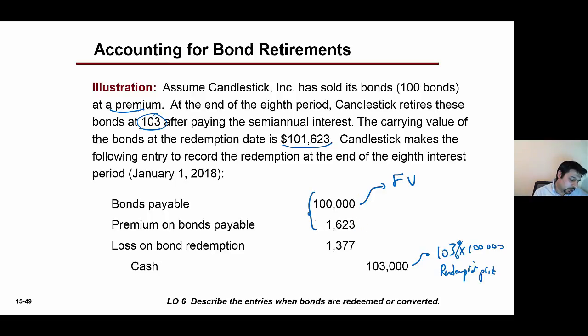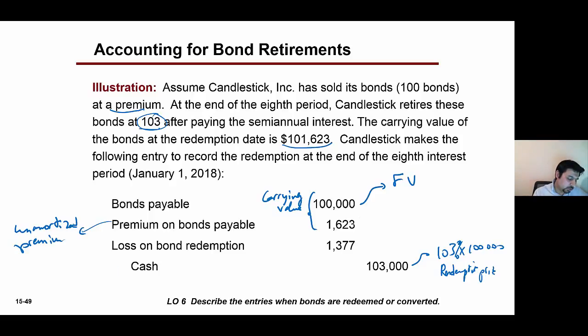Those two are the carrying value. If you remember from the previous slides, it is the face value plus the unamortized premium on bonds payable.